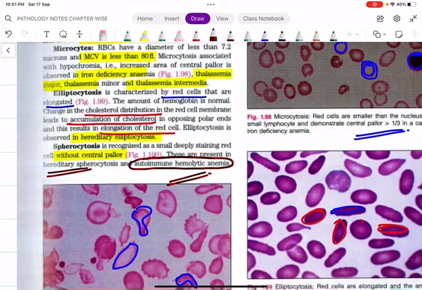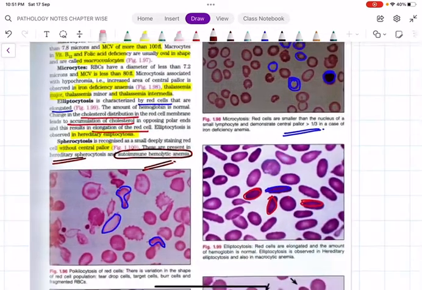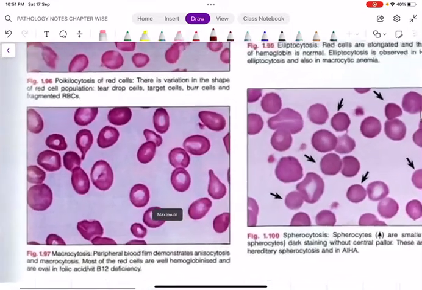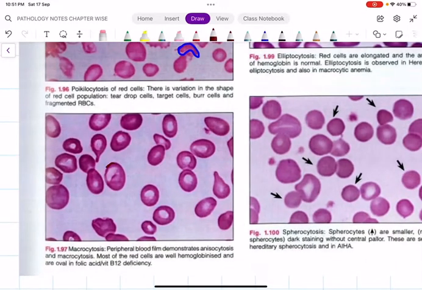Answer is autoimmune hemolytic anemia. In MCQ, if they ask in which of the following conditions spherocytosis is present, and you have to choose one among these, you can always go with autoimmune hemolytic anemia. Fine? See, this is macrocytosis. You can see large RBCs.